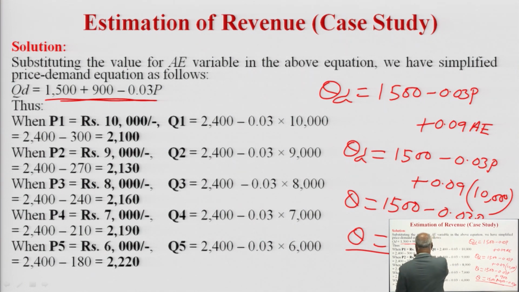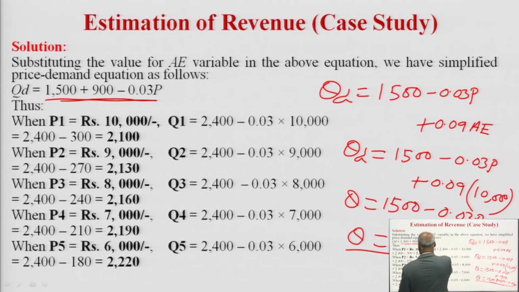If you simplify this, it will come to 2100. That means when the price is 10,000 rupees and your advertisement expenditure is 10,000 rupees, the quantity demanded for that quarter is 2100. And similarly, please remember this, output sold.